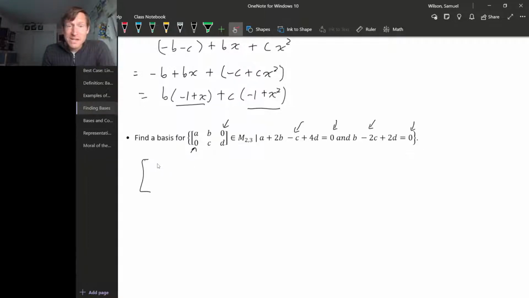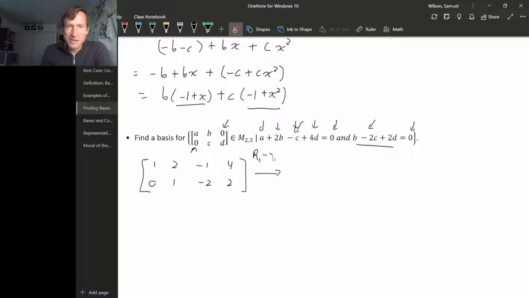So let's write down the matrix for this system. I'm just reading the coefficients off of these to get each row of this matrix. So 1, 2, -1, and 4. And then for the second equation, 0, 1, -2, and 2. And now we need to row reduce, which fortunately is just a matter of a single row operation.